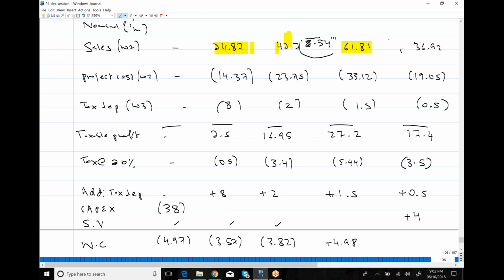So will you make further investment in stock when revenue is decreasing? No. So from T3 onwards, working capital will start getting recovered. So you will take 20% of 36.92, that will be 7.4, right? 7.4. So from this 7.4, you will minus all of these three investments. So in the end, you will be left with positive 4.98. Okay.